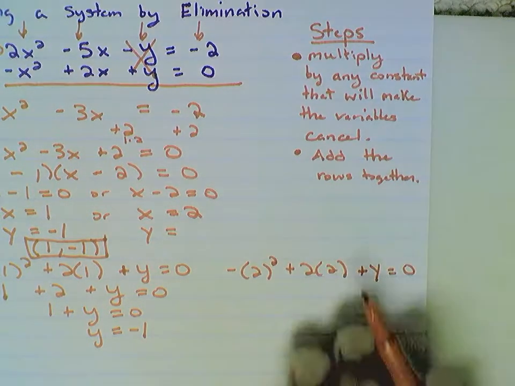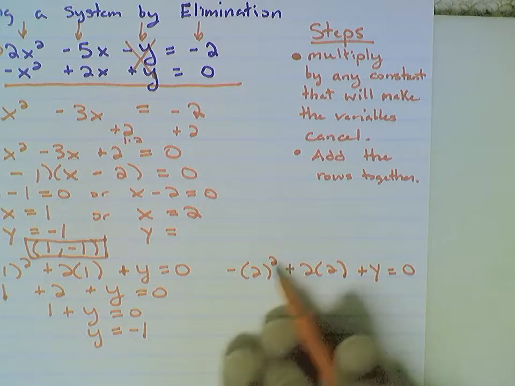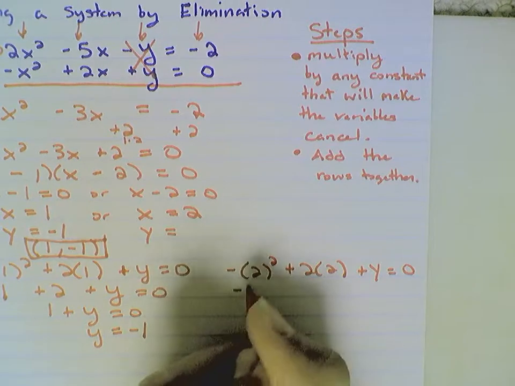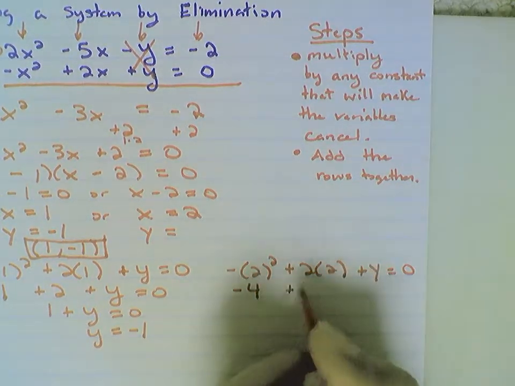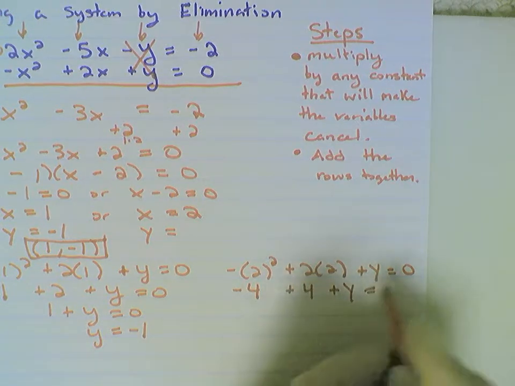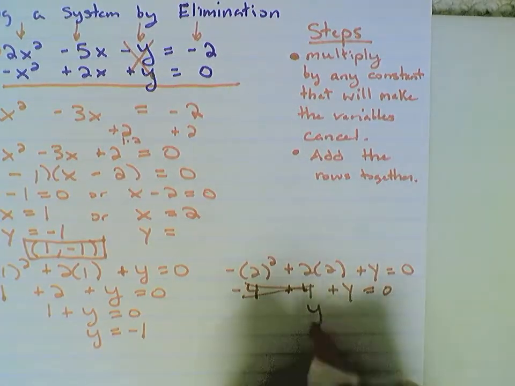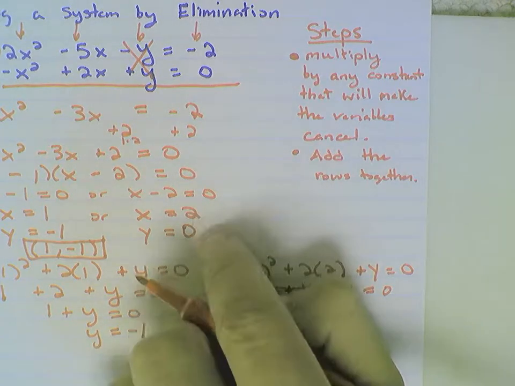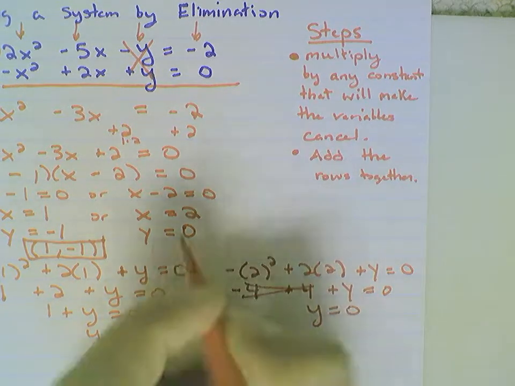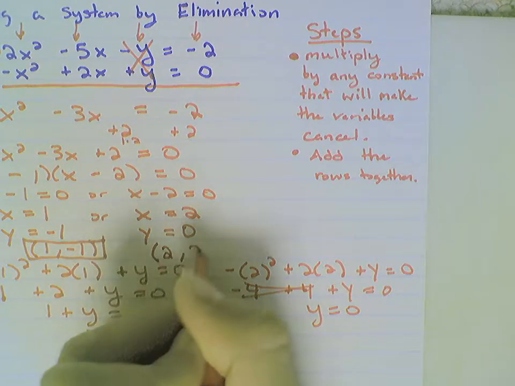Let's once again solve this for y. 2 squared is 4, but there's a negative out front, so I get negative 4. 2 times 2 is just 4, plus y equals 0. Notice that negative 4 plus 4 will cancel, and I'll be left with y equals 0. So when x is 2, my y value is 0, which means my solution as a point is 2 comma 0.